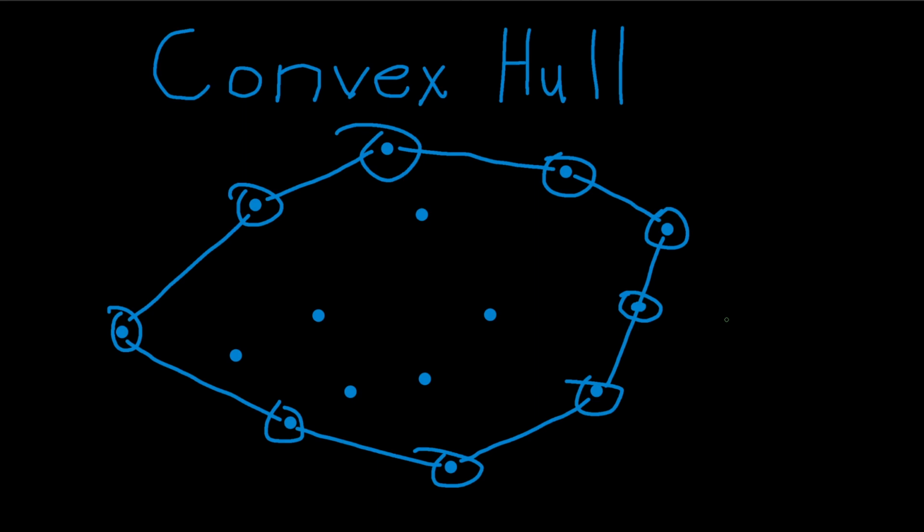So let's do a couple careful observations. The first question we should ask ourselves when we see this problem is, do I know anything that's in the convex hull? We just saw an example where there were a lot of things that weren't in the convex hull, but is there anything that's really easy to identify and say, this point is in the convex hull? And it turns out there is.